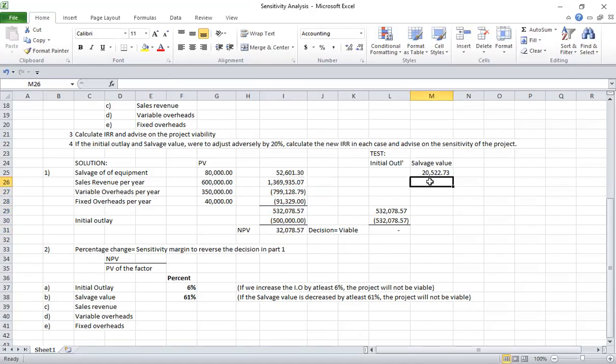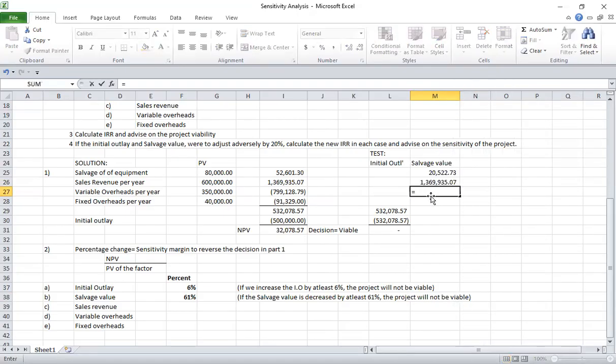For the sales value, we shall still have this 1.3. For the variable overheads, we shall still have the 799, and for the fixed overheads, this 91.